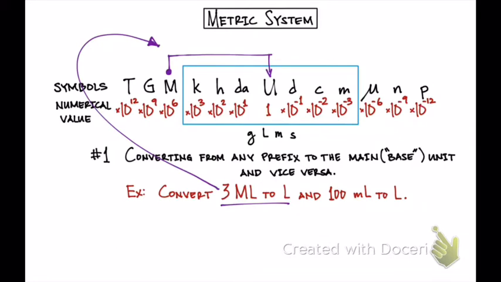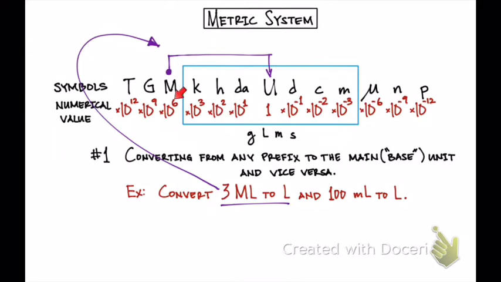And so you're going to count how many spaces it took you to get from mega to the main unit. So from here, you can see that mega is right here.